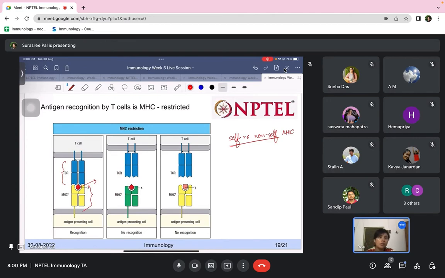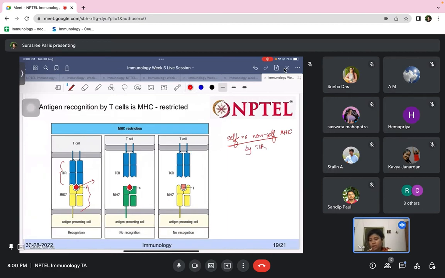Otherwise there will be cross reactivity against the self antigen, which is not required and would be harmful for the body. But this self versus non-self MHC recognition also occurs by the TCR.